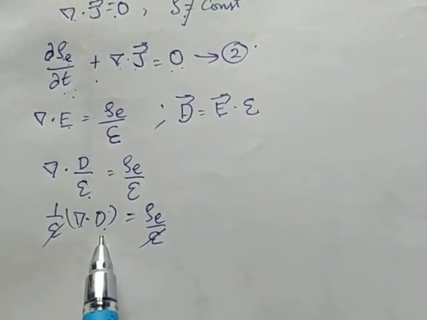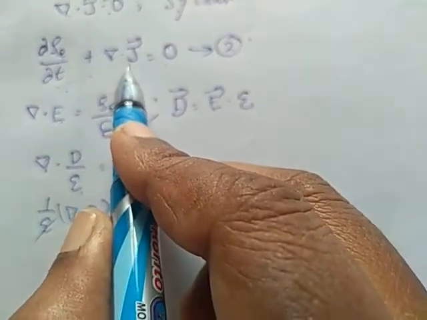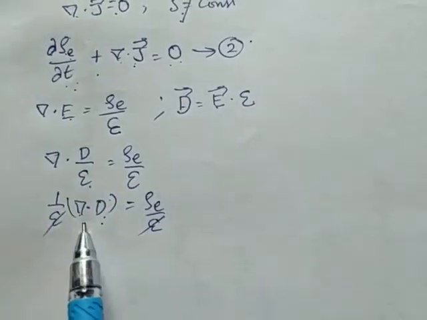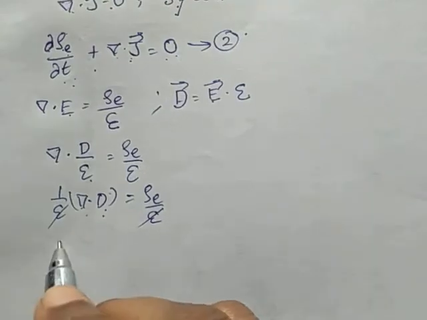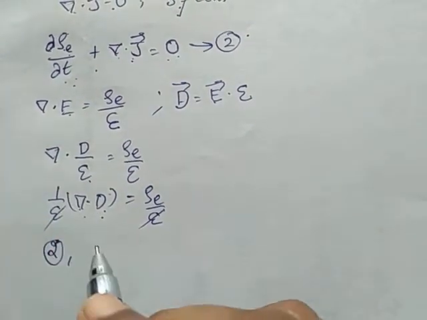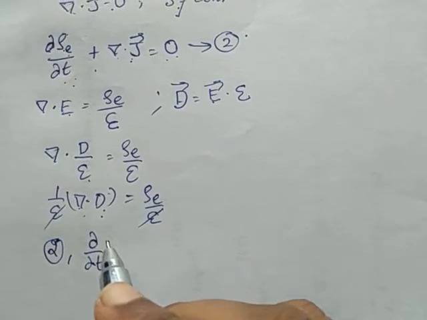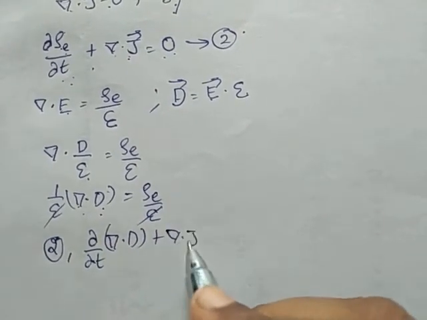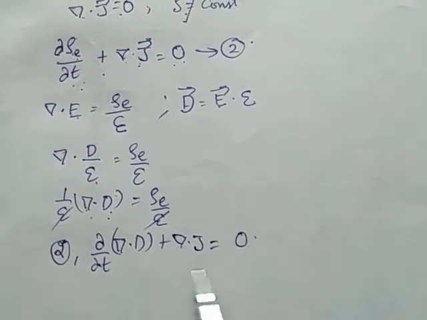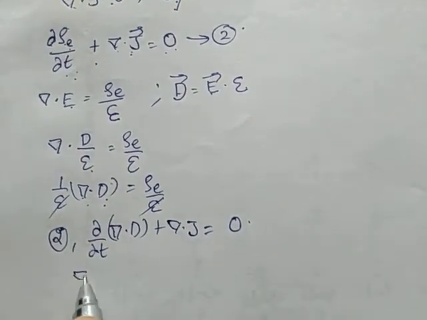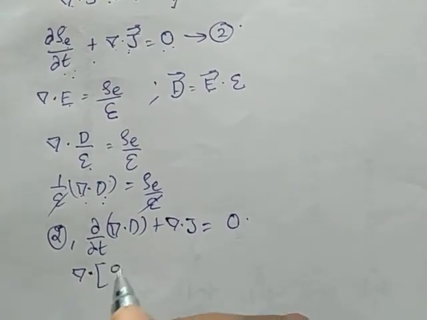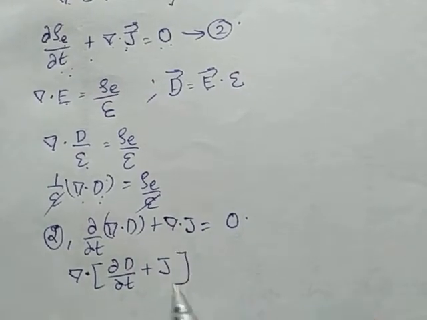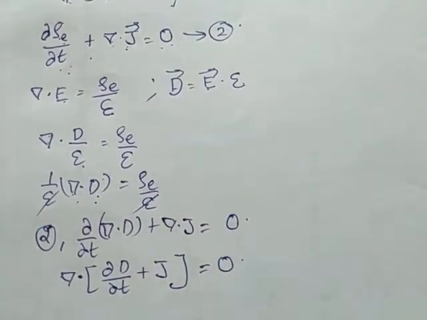Now substituting this value in equation 2, in place of rho E I am going to substitute del dot D. So equation 2 becomes dou by dou T of del dot D plus del dot J is equal to 0. If I take del common, I will get del dot of dou D by dou T plus J is equal to 0.